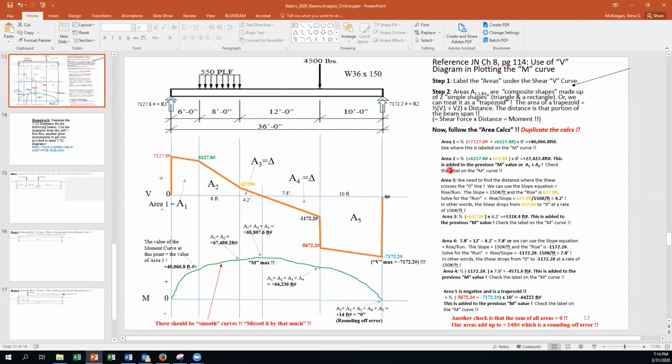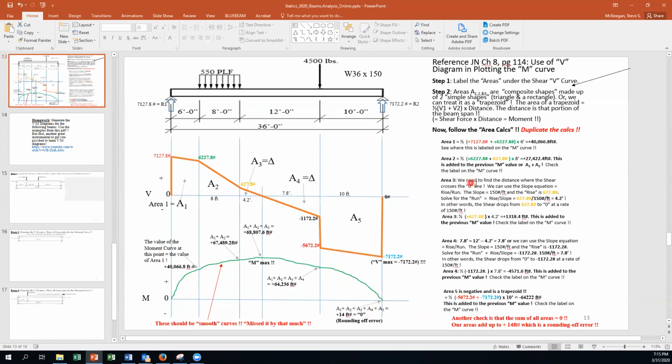Okay. And so we showed you where we got that. So coming down here, again, this should be a smooth curve. But the value of the moment curve at this point is the value of area 1. This is the value of area 1 plus area 2. Now, remember this thing crossed the 0 shear line.